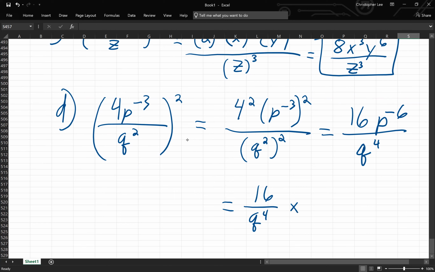Times, and then keep, change, flip. Hold on, thinking about that. I'm tempted to say it should be 1 over p to the 6. Yeah, you're right. Multiply straight across: 16 over q to the 4 p to the 6. Yep, that's it.